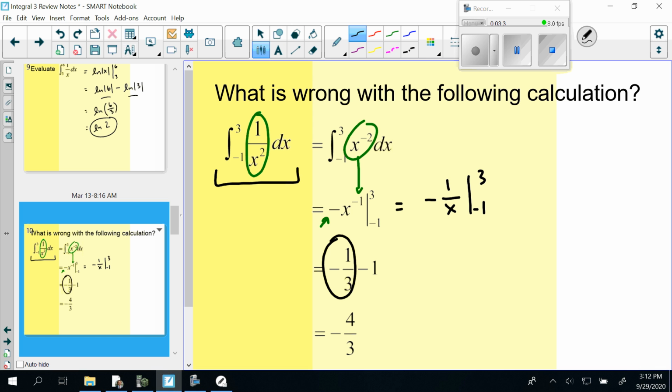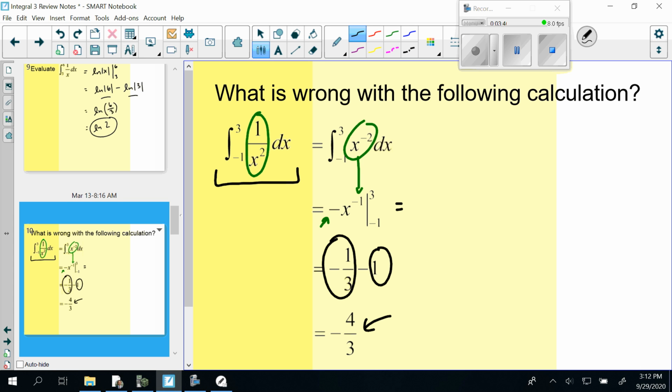So if we put negative 1 in there, that would come out to be minus negative 1, or plus. So we're minusing the positive value. That looks correct. And negative 1/3 minus 1 is negative 4/3.